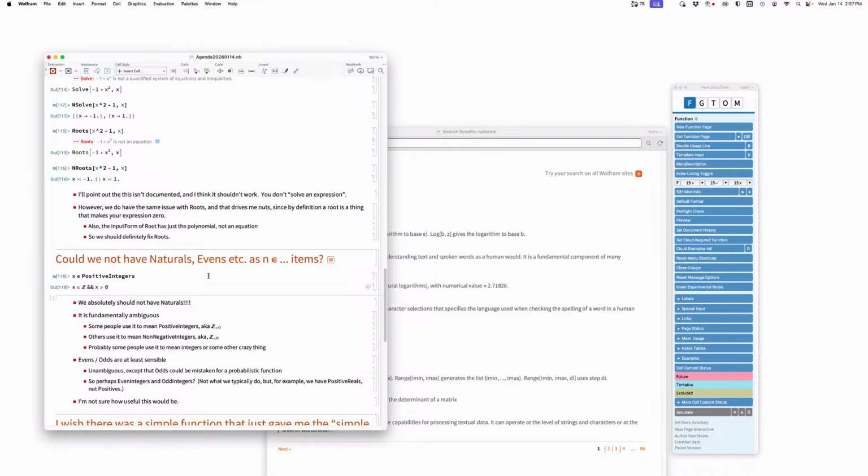In other words, you've written Z greater than 0, and you can enter that as X element escape P int escape.